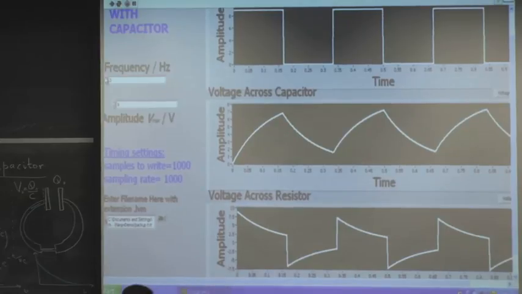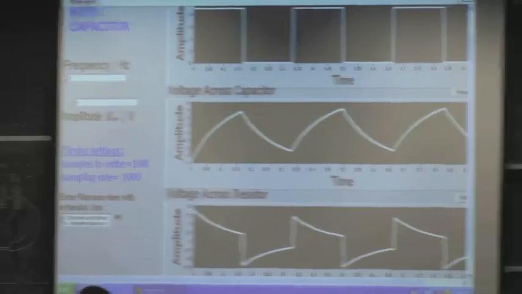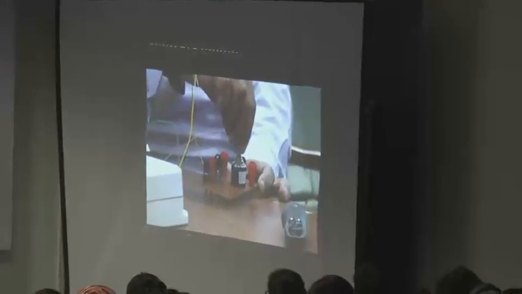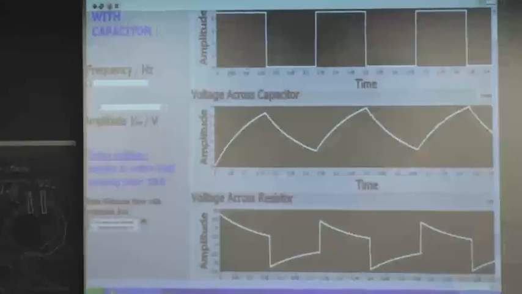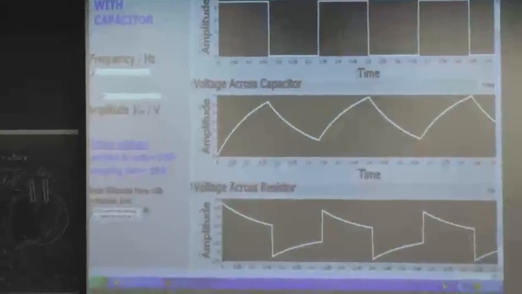And I can actually change the resistor now so that the time constant changes. And how do I change the resistor? By varying this potentiometer, just a variable resistor. I change it. You can see that the RC time constant is going to change.